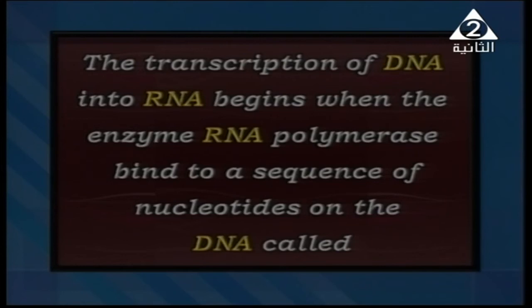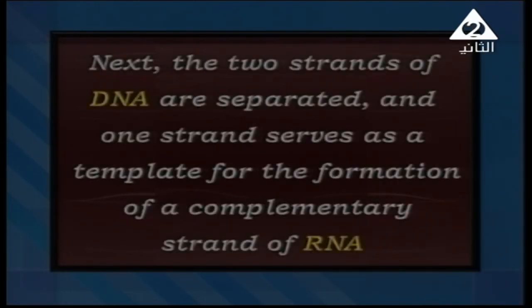Promoters are sequences on DNA that direct the RNA polymerase to the sequence of nucleotides on DNA to form mRNA, or messenger RNA. Next, the two strands of DNA are separated and only one strand serves as a template for the formation of a complementary strand of RNA.